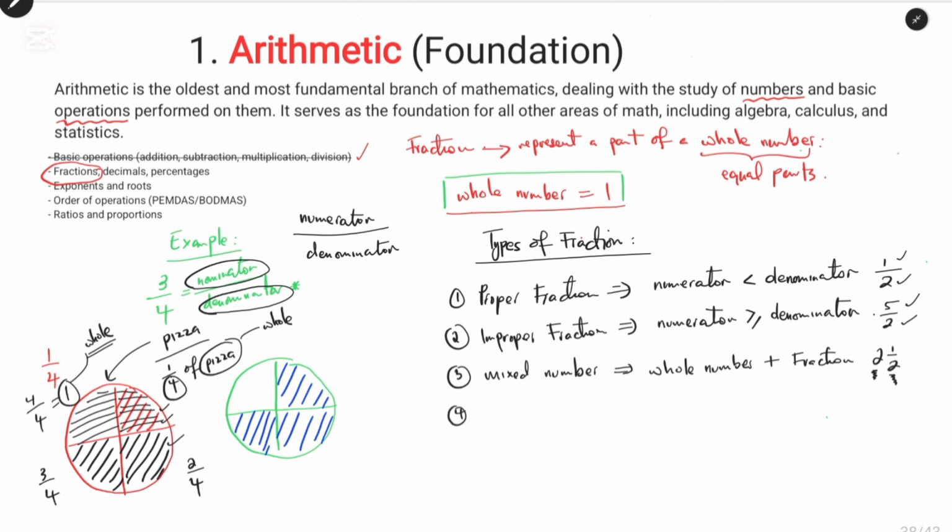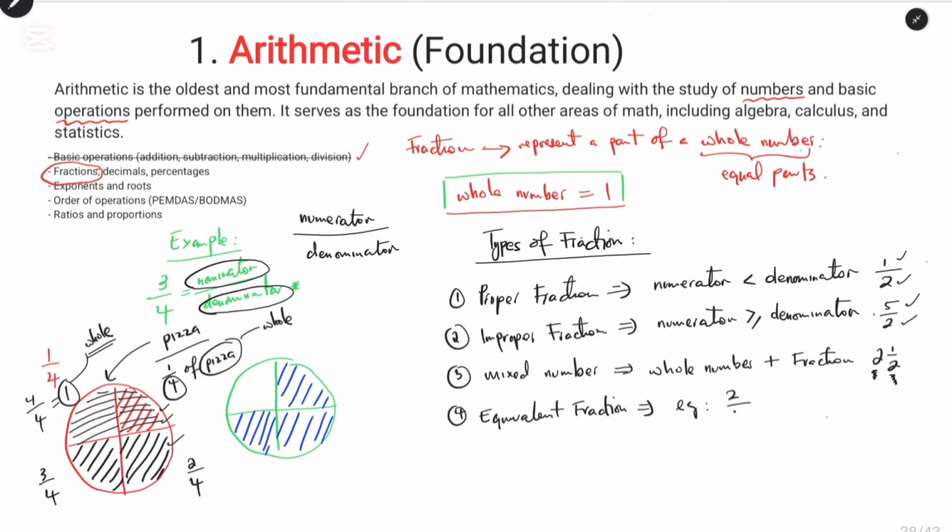And fourthly, we have the equivalent fraction. When we say equivalent fraction, they mean that the fractions are equivalent. They are different fractions, but they represent the same value.